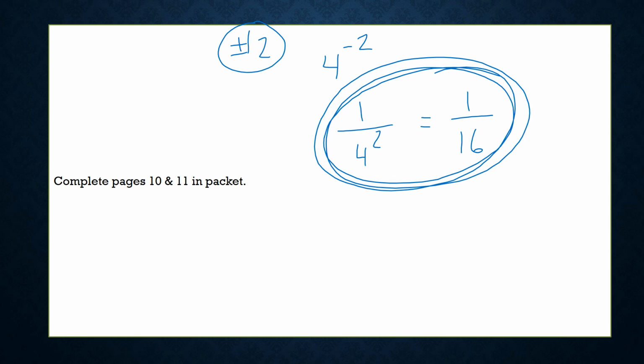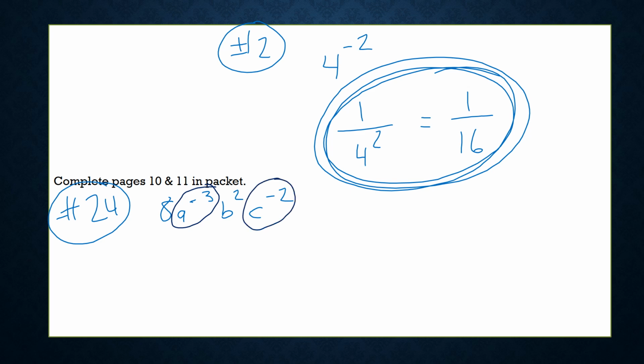I also want to take a look at number 24. We have 8a to the negative third b squared and c to the negative 2. What I'm going to do here is circle my negative exponents.